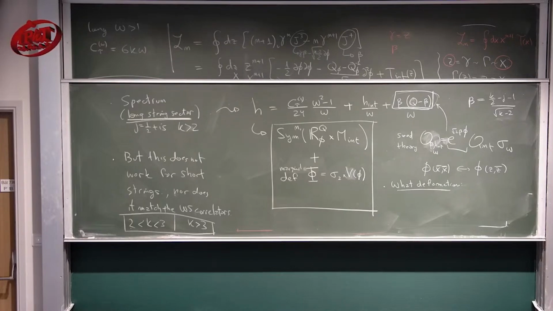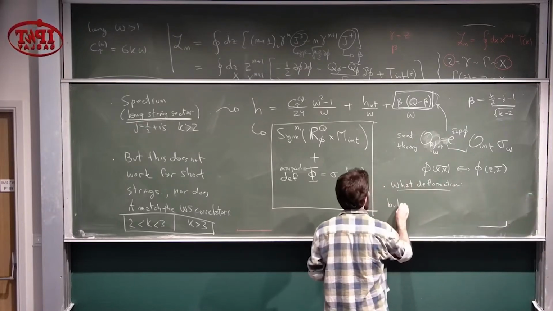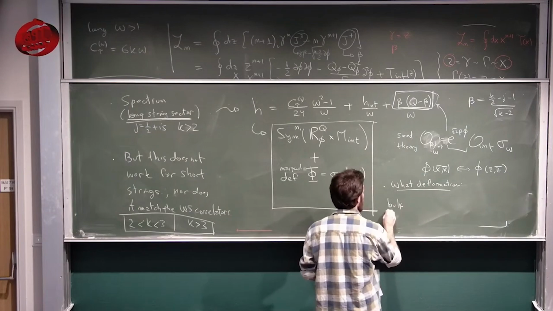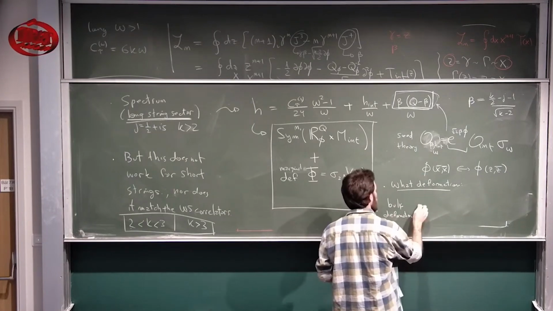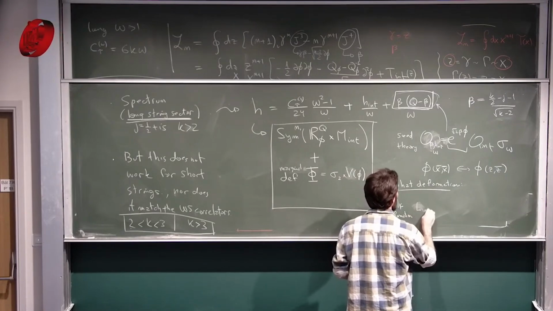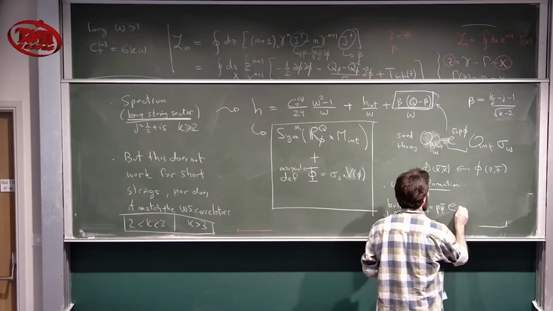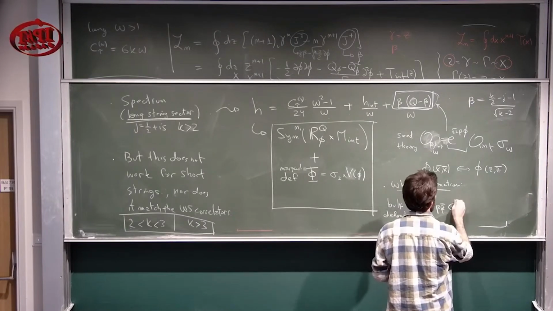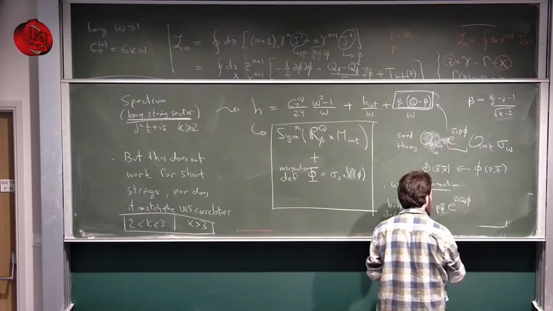We know it. It's a Wakimoto interaction term. The bulk. We know that this looks like an interaction Lagrangian, like beta bar e to the square root of 2 u I pi.